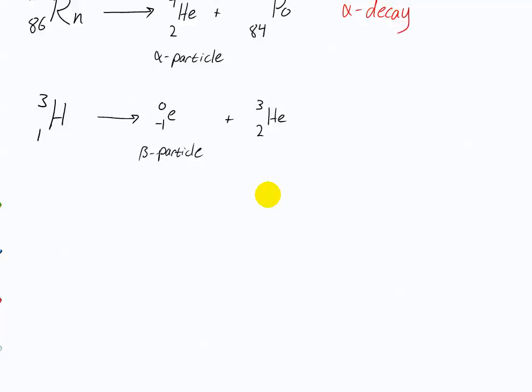So essentially what's happening here is that a neutron, which is 1, 0, has no charge, but it does have a mass of 1, is kind of splitting up its charge and becoming a proton and an electron. And then the electron is being emitted. So it's sort of like a neutron is converting into a proton and losing an electron in the process.